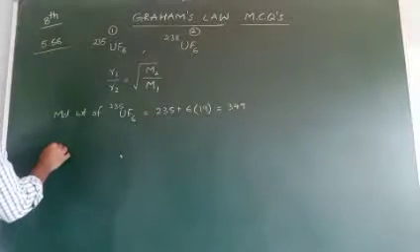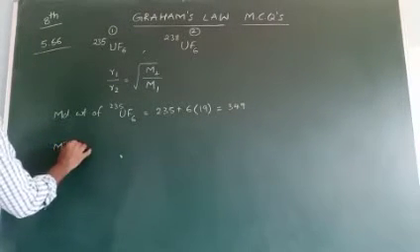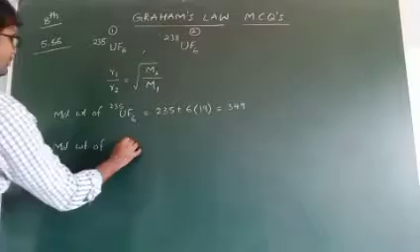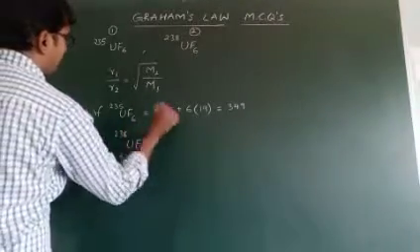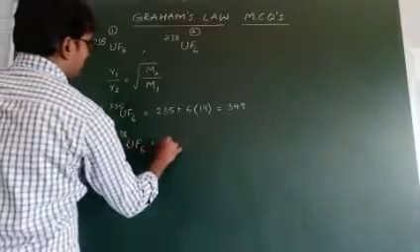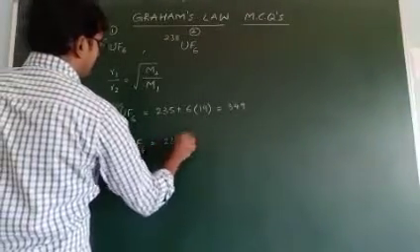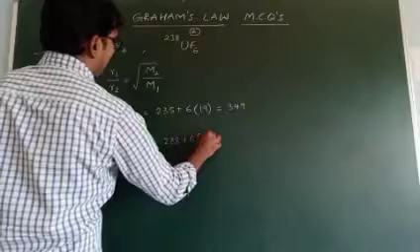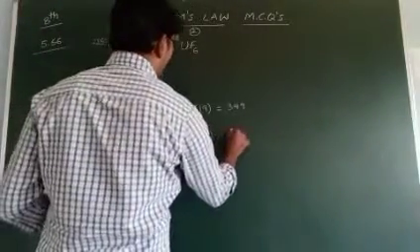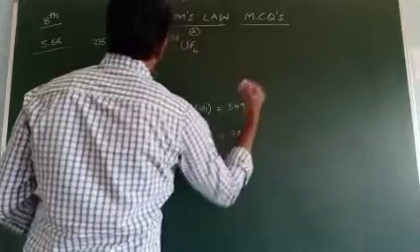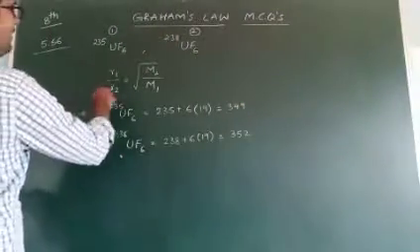Now calculate the second one's molecular weight. Molecular weight of UF6 238 is equal to uranium atomic mass 238 plus 6 into 19. So this is 352.